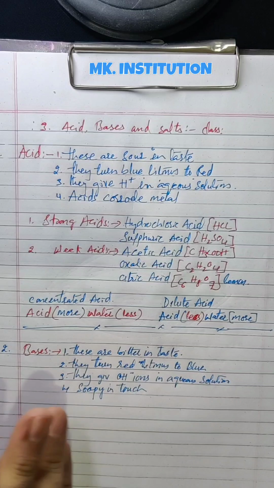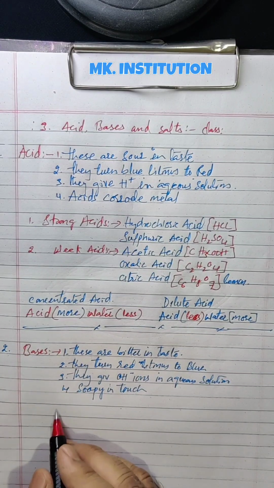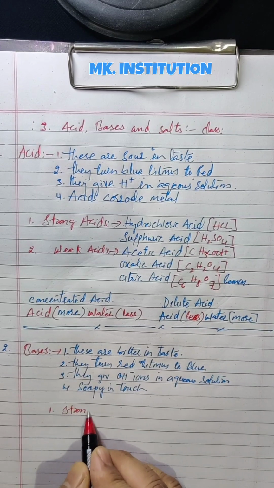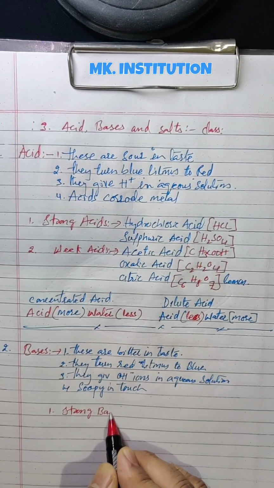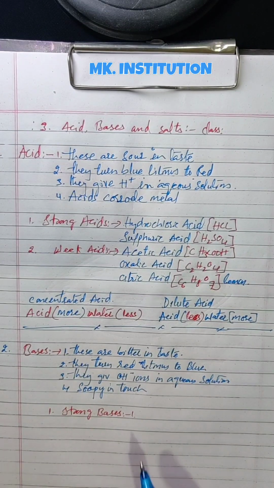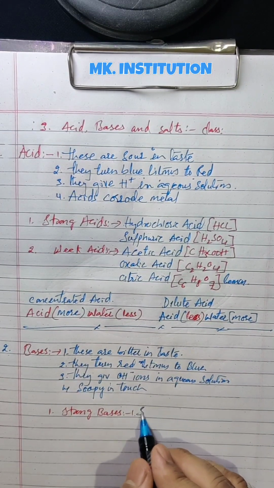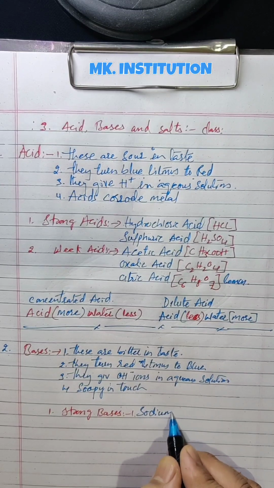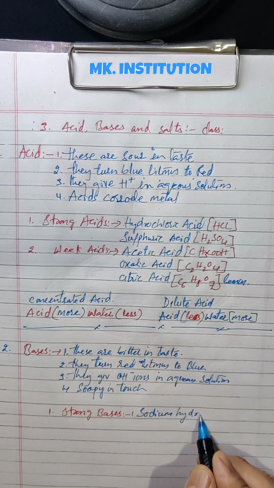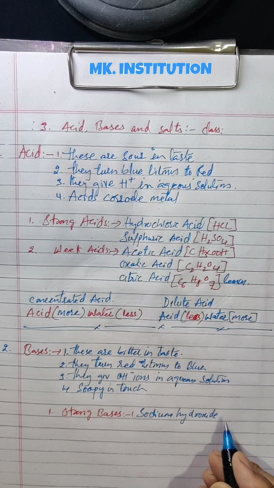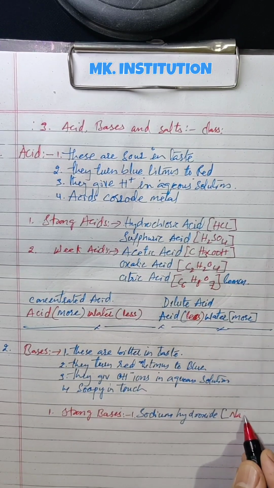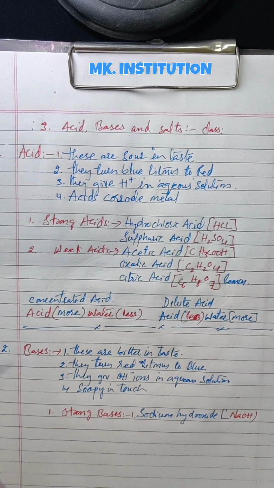Just like acids, here also strong and weak bases are there. First, strong bases. What are the strong bases? The first one is sodium hydroxide, formula NaOH.